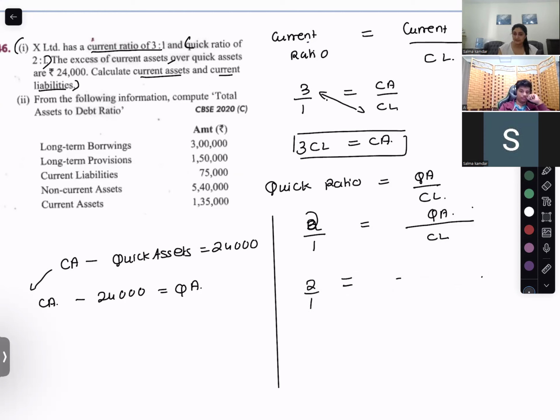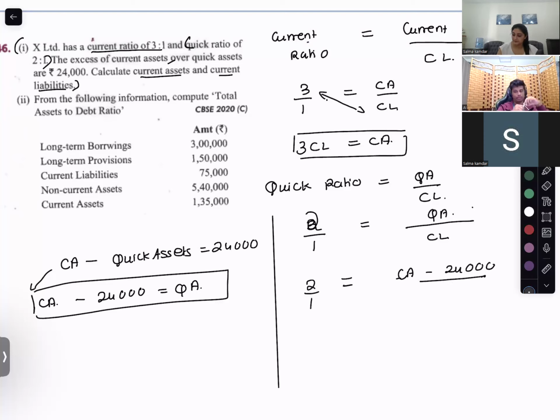So I said 2/1. What is quick assets? Current assets minus 24,000, divided by current liabilities. Instead of current assets, I can replace it by 3CL.